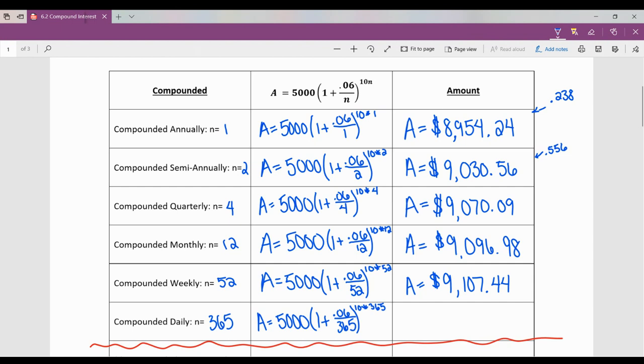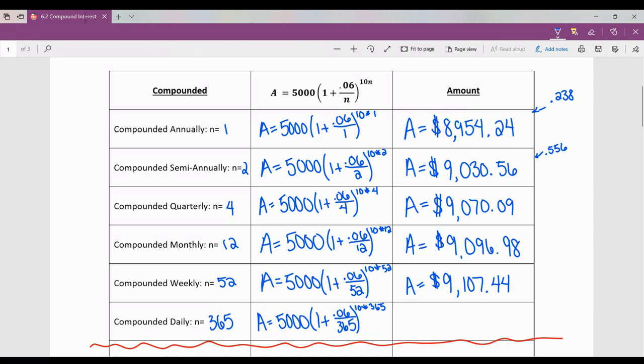All right, and the last one is 365. That means each day I'm reinvesting it. So 0.06 divided by 365, I add to that 1. Then I raise that number to the 365 times 10, that's 3650. And then we're going to multiply that by 5,000.